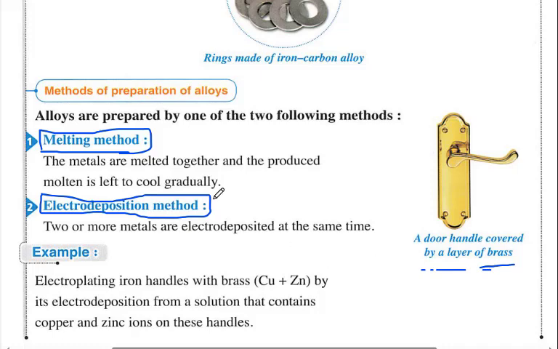Okay, so there are two methods to prepare the alloys. Melting method: we melt the metals together and leave them to gradually cool. Or electrodeposition, where we can electrodeposit two metals at the same time in the electrolytic cell.